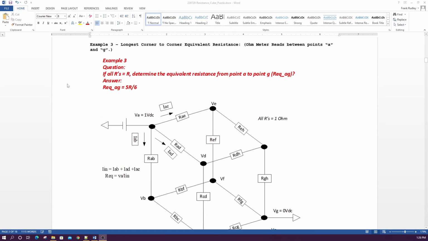So now example 3, it's the longest corner to corner equivalent resistance.